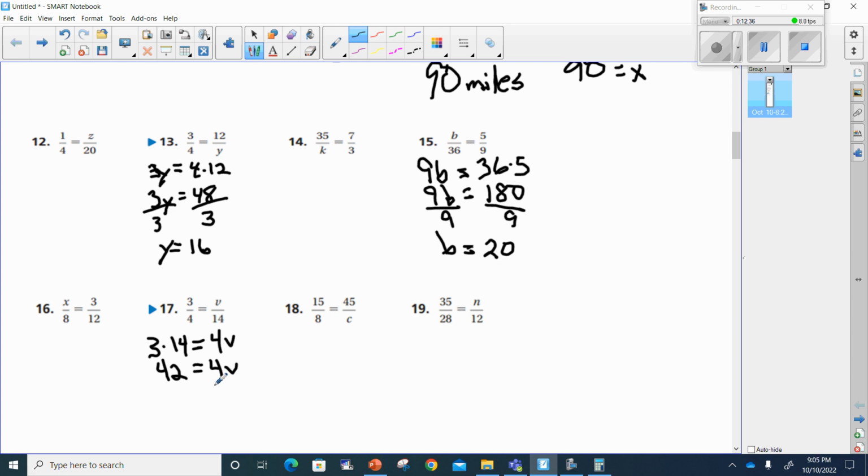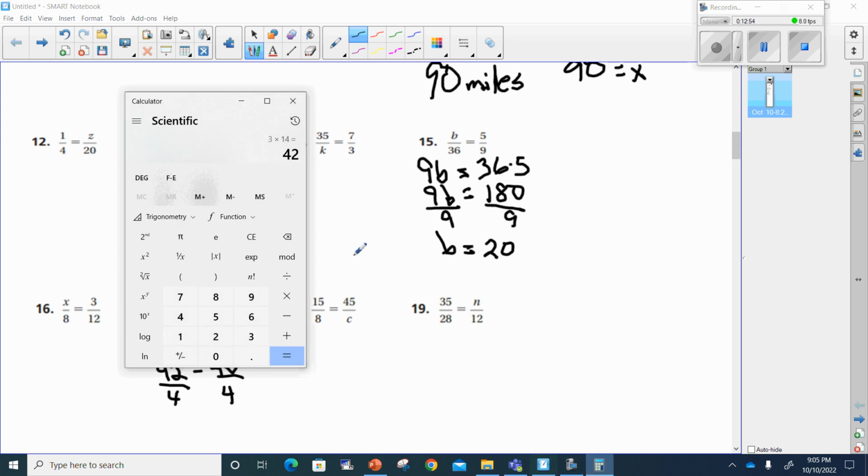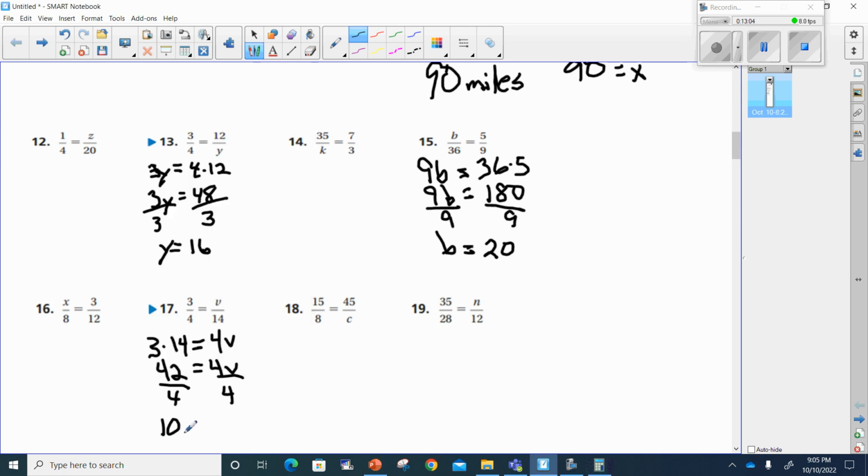That means I got to divide 4v by 4. Now I have 42 divided by 4, which equals 10.5. So that means 10.5 is going to be equal to v.